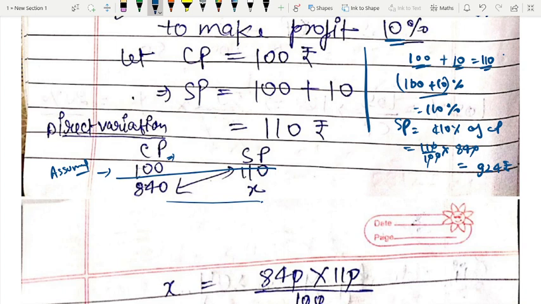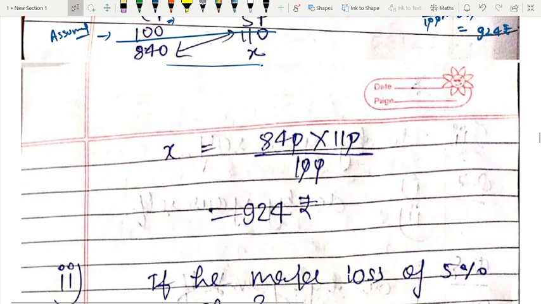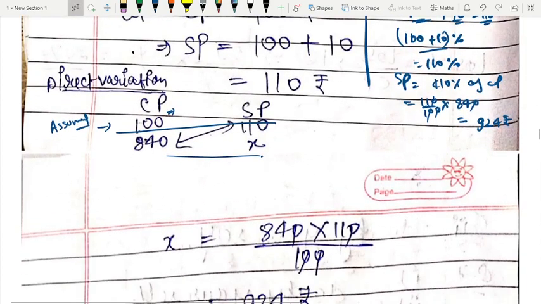For 100 rupees, the selling price is 110 rupees. So for 840 rupees cost price, the selling price will be x. To find the value of x, we will cross multiply: 840 multiplied by 110, and 100 multiplied by x.